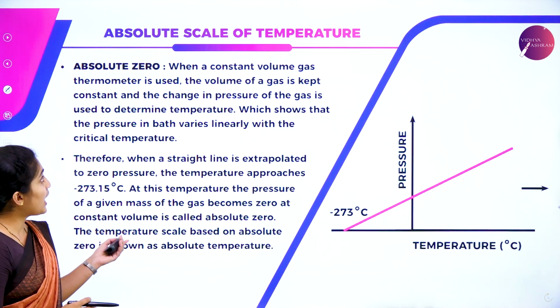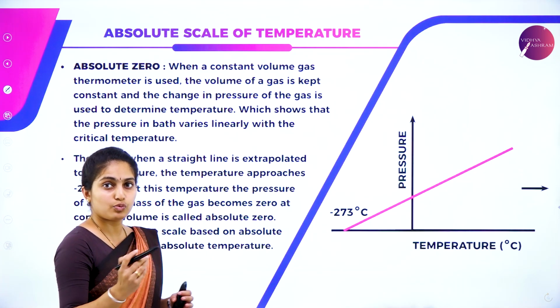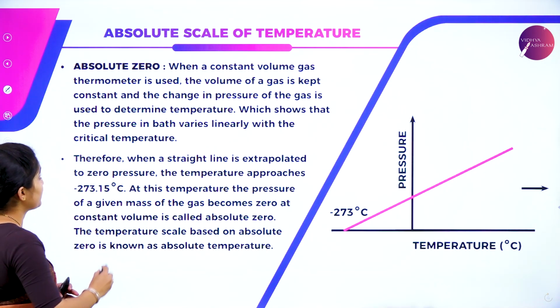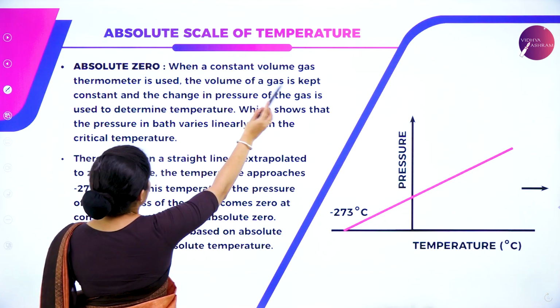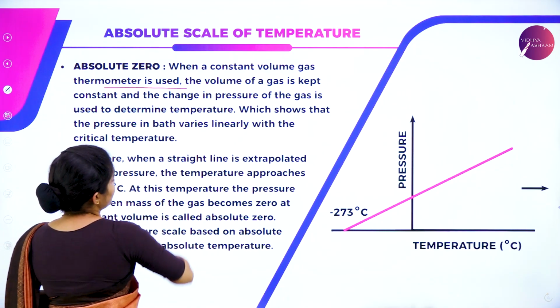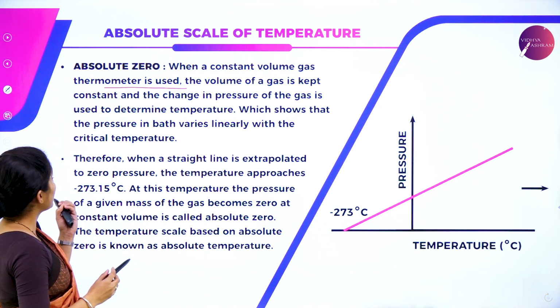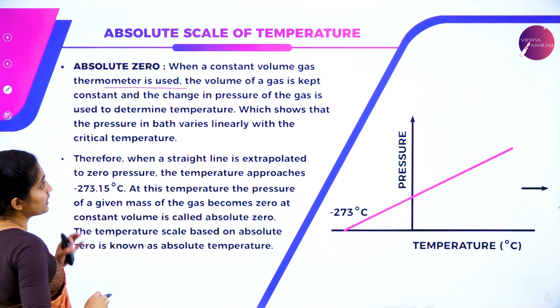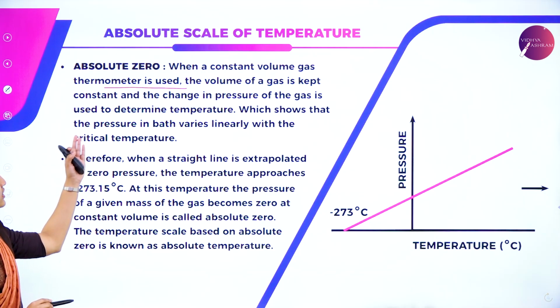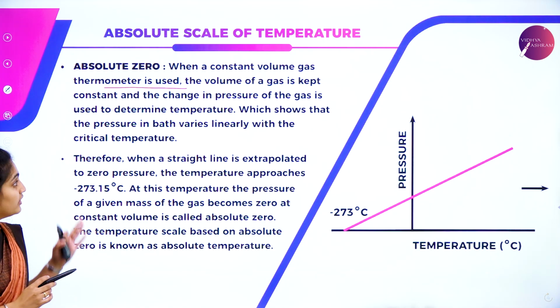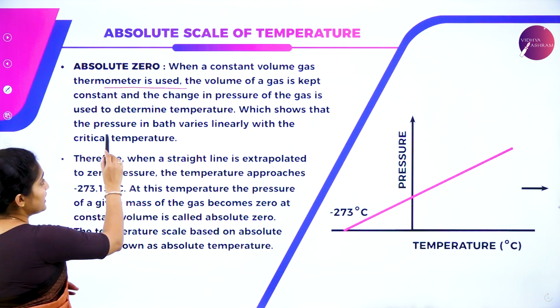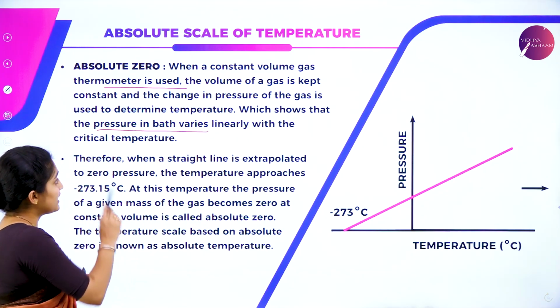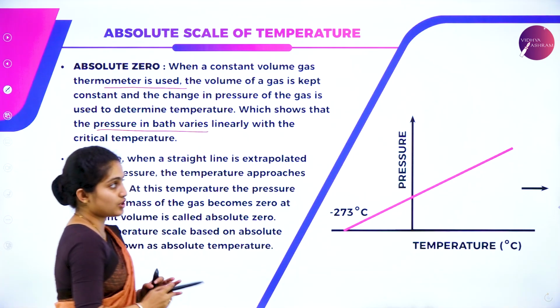Next, we have the absolute scale of temperature. What is the absolute scale of temperature? A constant volume gas thermometer is used, the volume of the gas is kept constant, and the change in pressure of the gas is used to determine the temperature, which shows that pressure varies linearly with temperature.